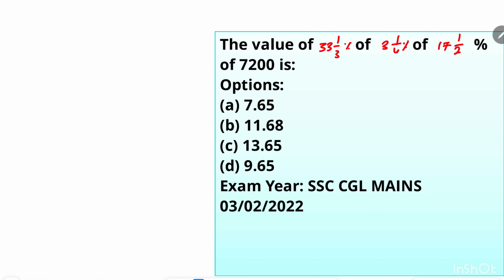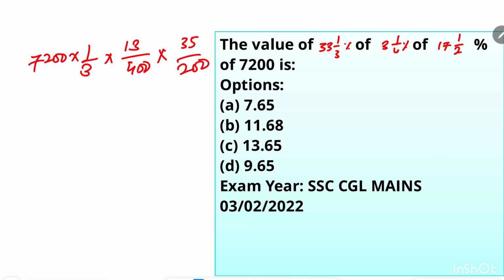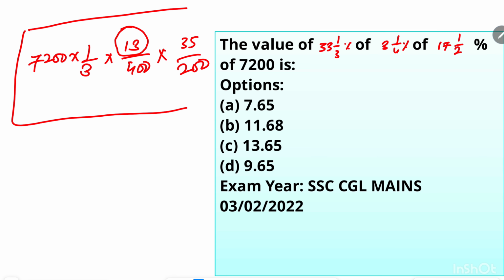This whole thing we did: 7200 it was, and 1/3 that we have seen above, and then the 13 upon 400, and 35 upon 200, right? So if you see the number, you see 13 in the multiple of this entire number, right?